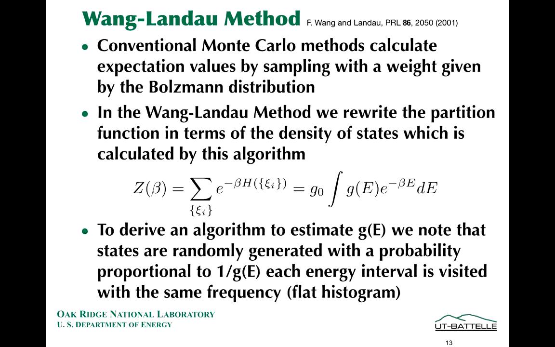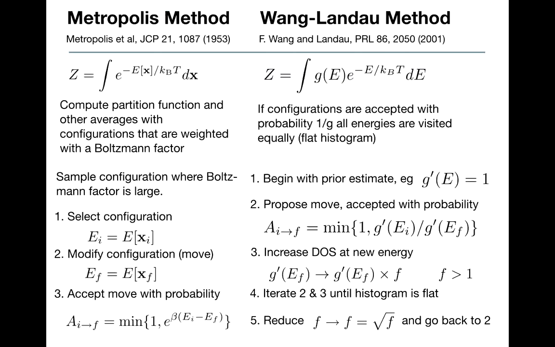But calculating this density of states is what requires supercomputing. To calculate this, we start out with the algorithm on the right-hand side. Quite a lot of you might be familiar with the standard Metropolis importance sampling method that is outlined on the left.